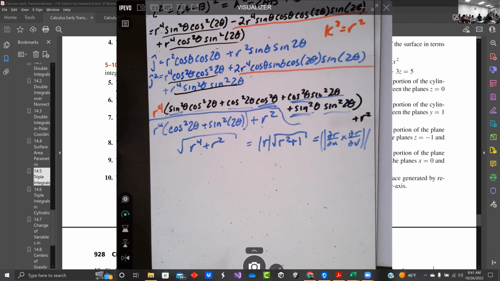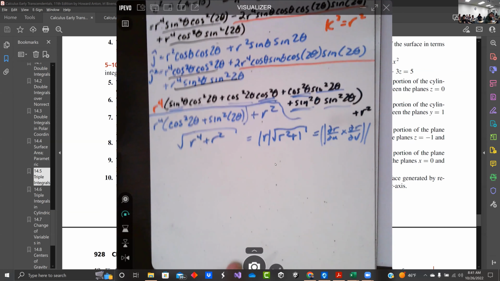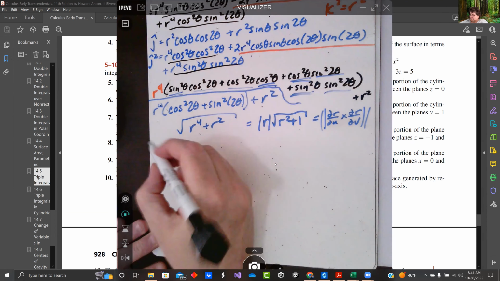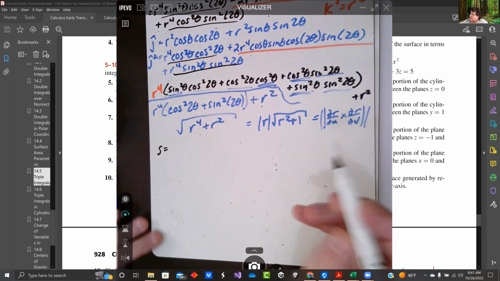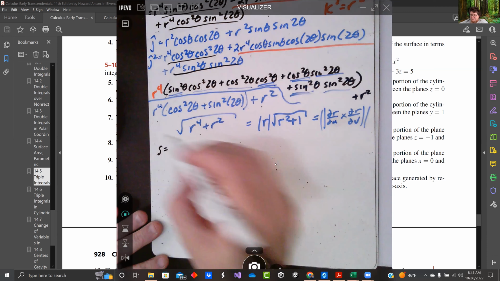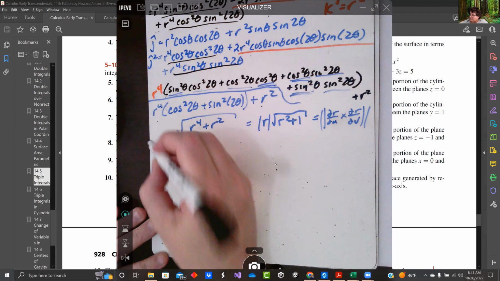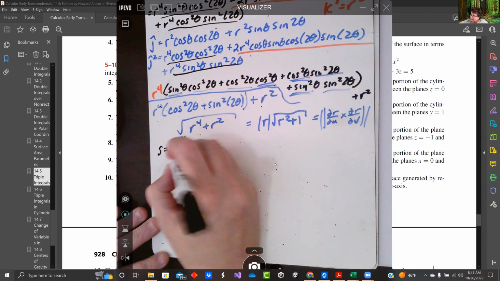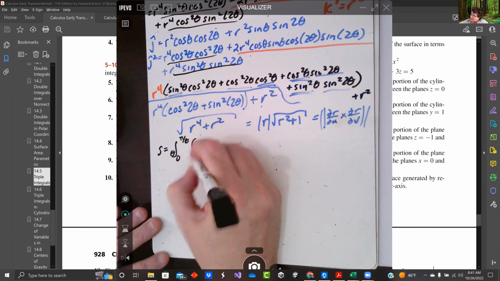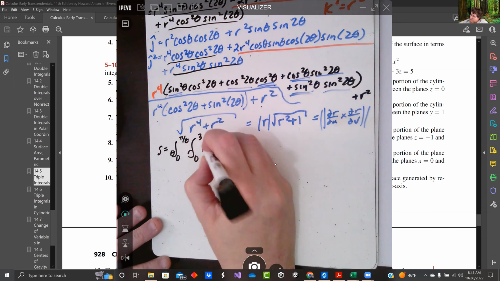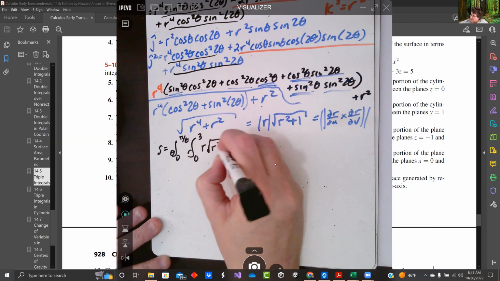That gives me the answer. So we have S equals our integral. Going back, we had r from 0 to 3 and theta from 0 to pi over 6. I've got r times the square root of r squared plus 1.